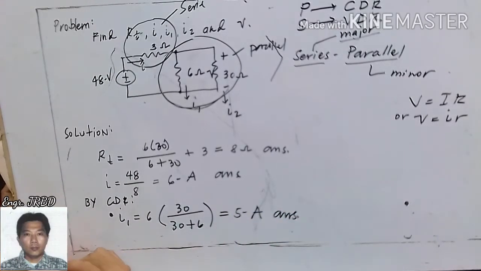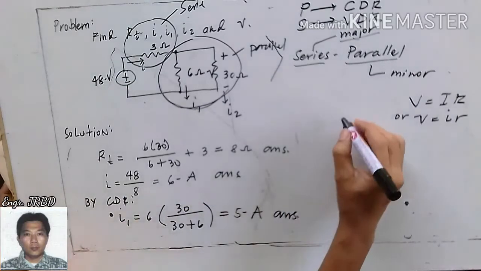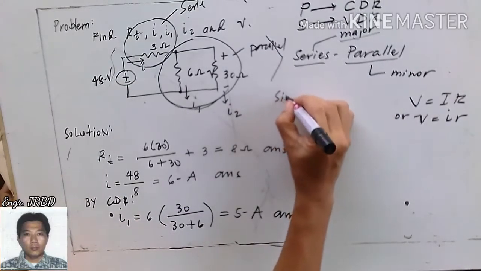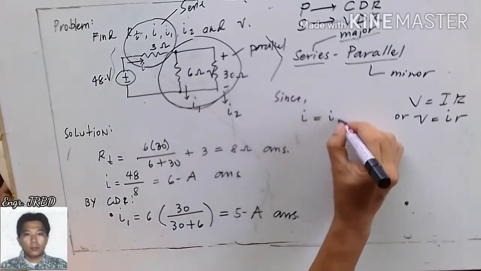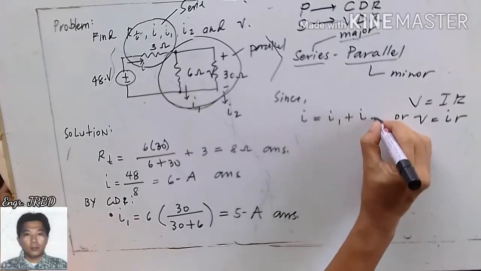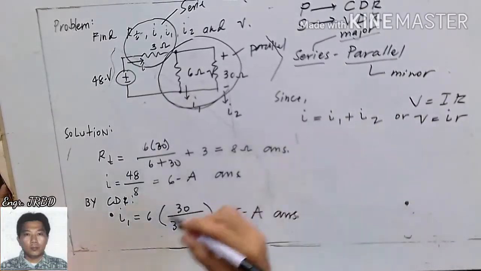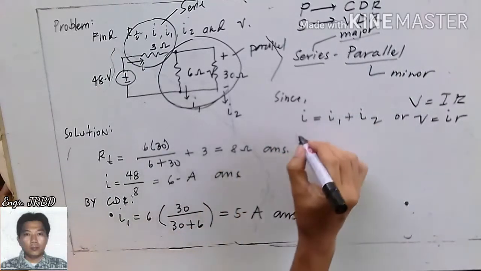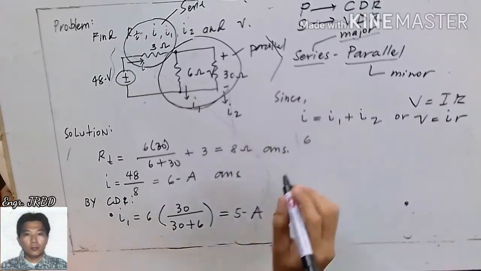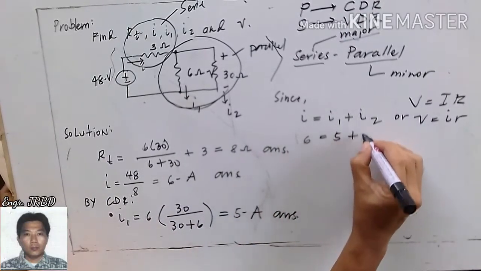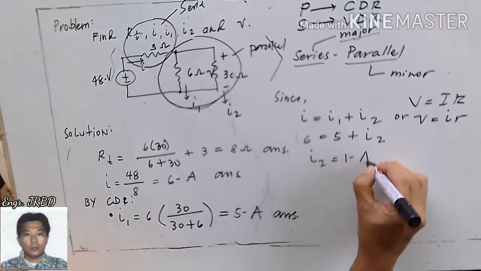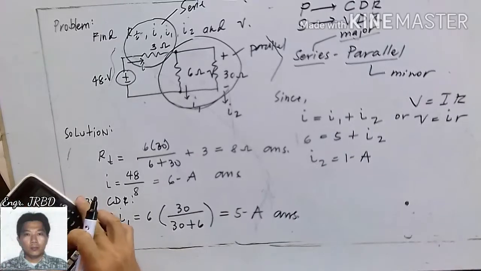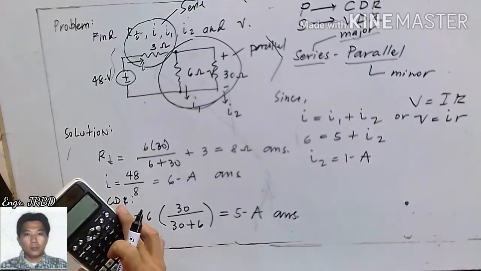Next, one of the properties of a parallel circuit is this: the total current entering the parallel branch, that is your I, is the sum of the branch currents I1 and I2. We already have your I1, we also have your I. So all we have to do is substitute. 6 is equivalent to 5 plus I2. So your I2 is 1 ampere. You can also counter-check this by applying your current divider rule.